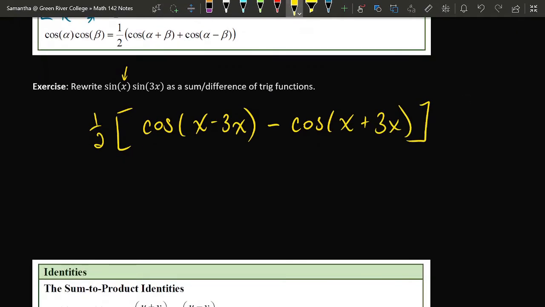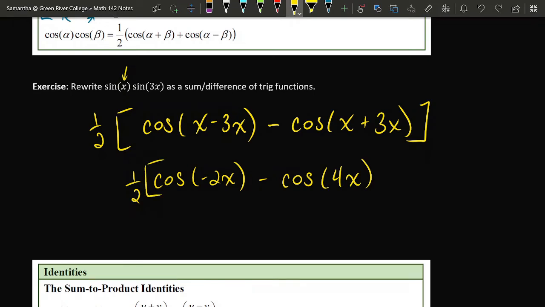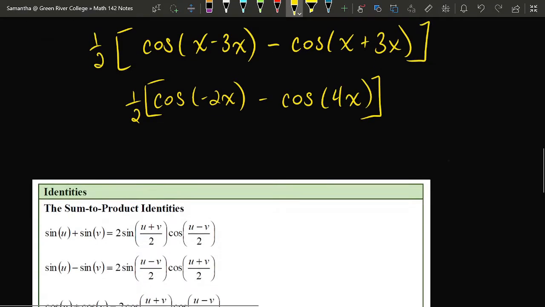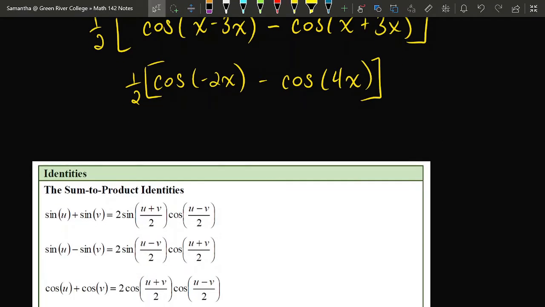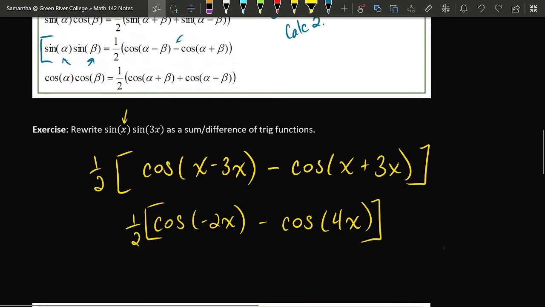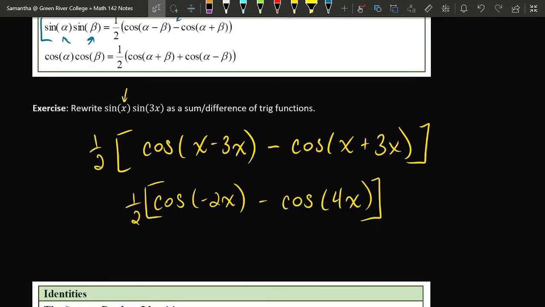So this would be equivalent to 1/2 times cosine of negative 2x minus cosine of 4x, where the half is being applied to the entire quantity or to both of the cosines. Compared to the previous expression that we started with, this would be much simpler to work with in Calculus 2.